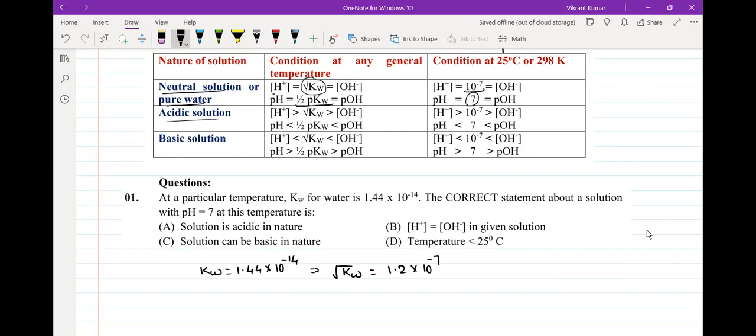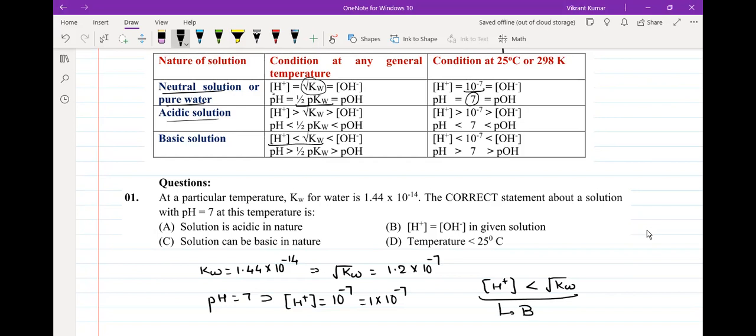So now if I write pH is 7, which means H plus will be 10 raised to minus 7. 10 raised to minus a, where p of a was a, right? And that's why if pH is 7, so H plus is 10 raised to minus 7. Now I can compare this H plus, which is 10 raised to minus 7, or I can say this is 1 into 10 raised to minus 7, is less than root Kw, right? If this is less, so this was a basic solution. H plus less than root Kw was a basic solution. So we'll say this is a basic solution.